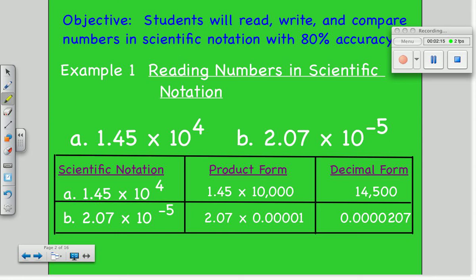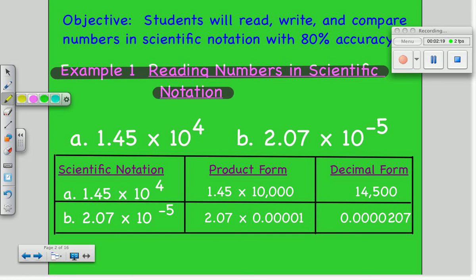Example 1, reading numbers in scientific notation. Okay, so example A is 1 and 45 hundredths times 10 to the power of 4. And example B is 2 and 7 hundredths times 10 to the power of negative 5.